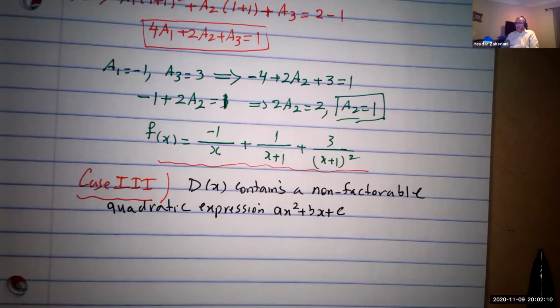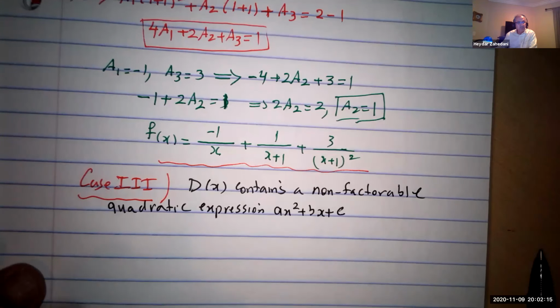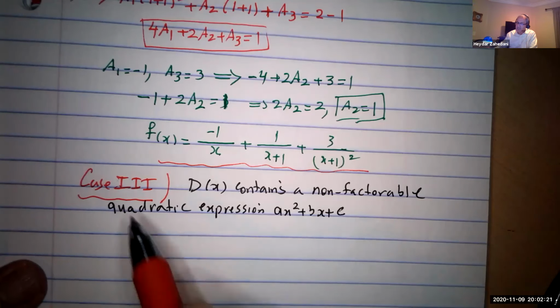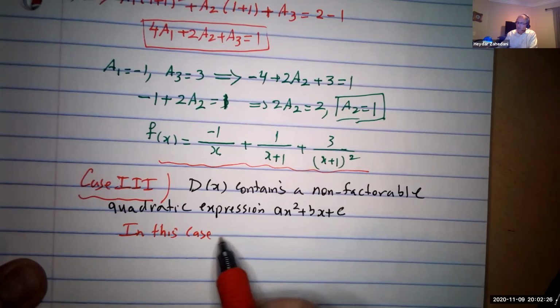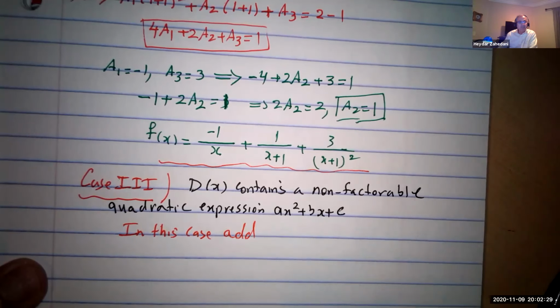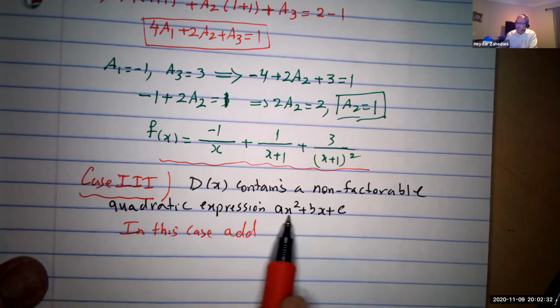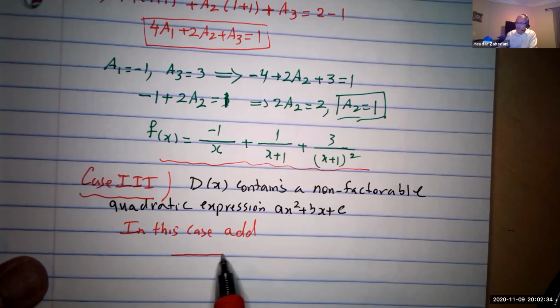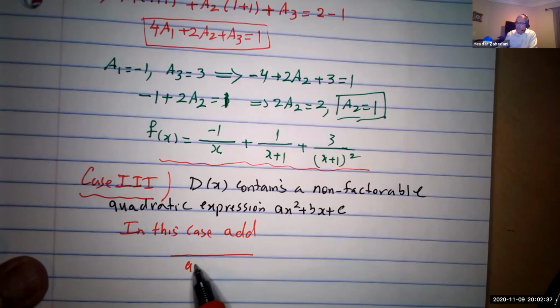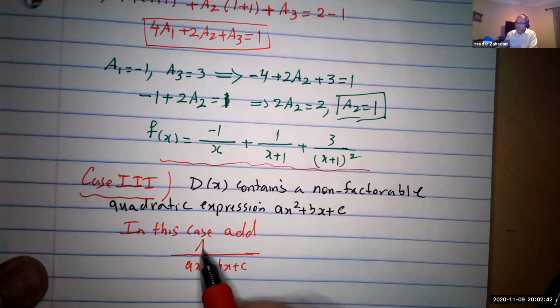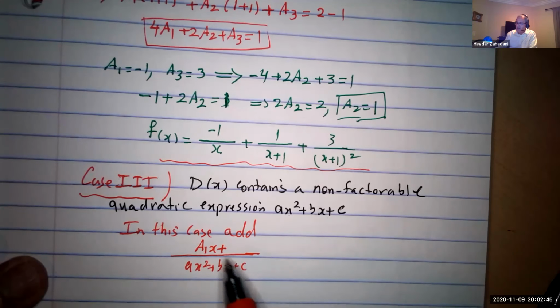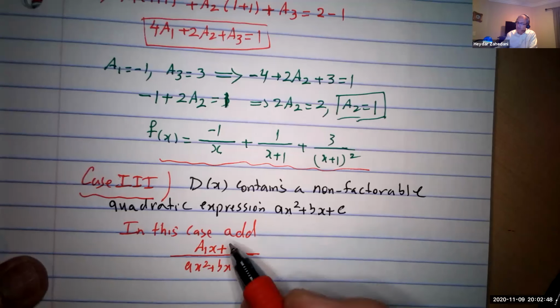So what we are going to do is take care of this one, since we already talked about the other. In this case, the denominator is going to be as is, ax squared plus bx plus c. On the top, you're going to have something like a1x plus a2; some people call it b1.